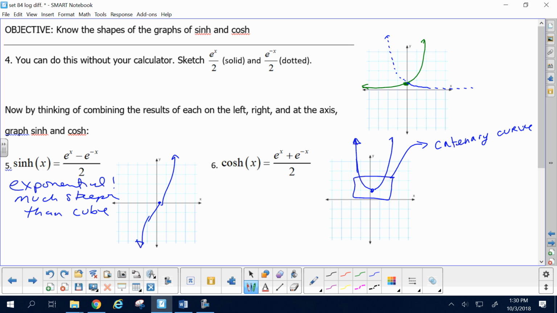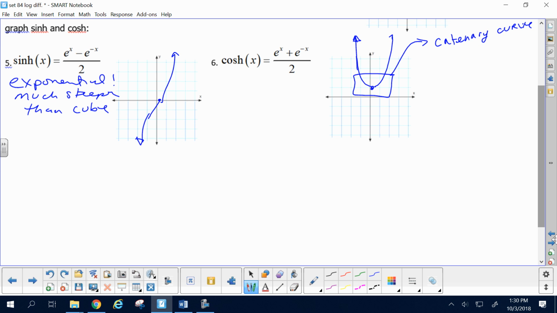Whether you know it or not, the St. Louis arch is hyperbolic trig. It's not a parabola. It's actually a catenary curve. At any rate, it's an important calculation in physics and engineering. We'll go through a lot of the calculus of it second semester. Okay, moving on.